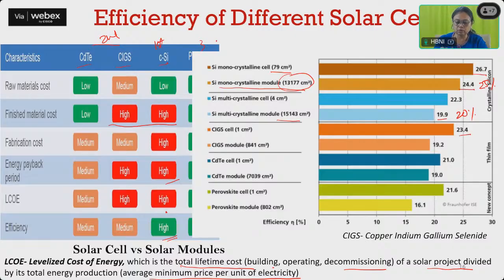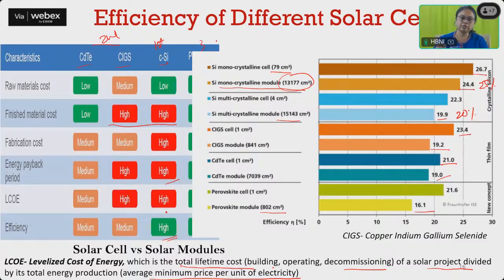But when we make it into a module of area 841 centimeter square, its efficiency decreases to 19.2. For a cadmium telluride cell, it is around 21 and 19%. And for a perovskite module of 802 centimeters square, the efficiency is 16.1.